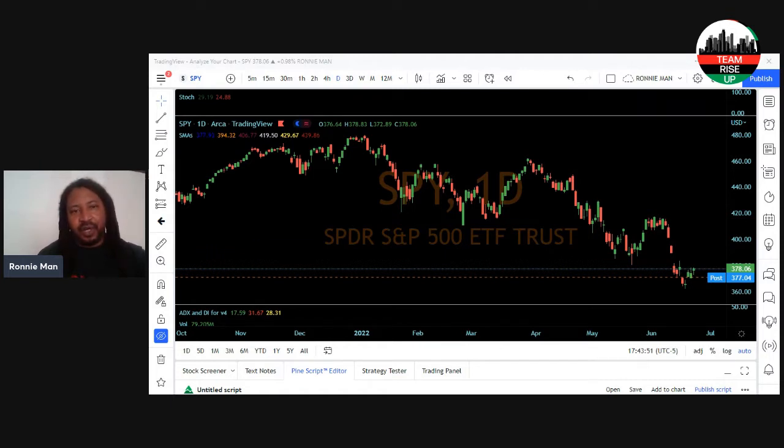And so when it breaks out of a channel, that will render the channel's bottom as the resistance and its top as the support.